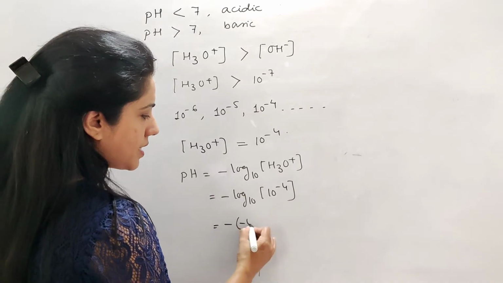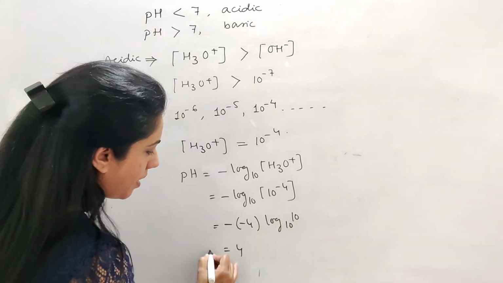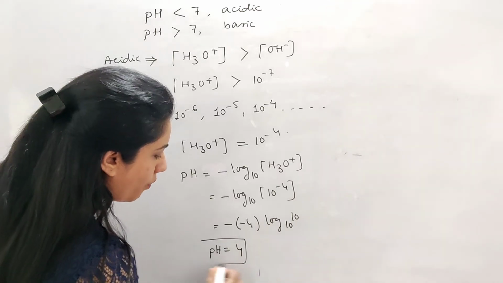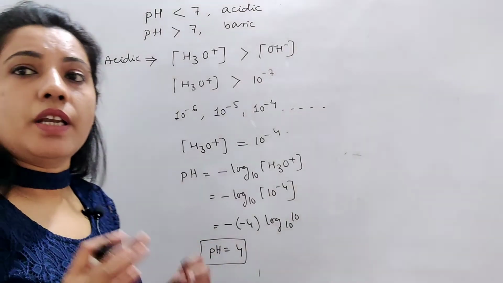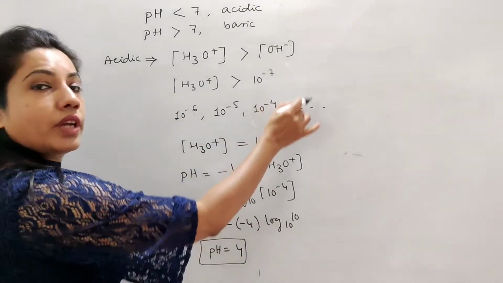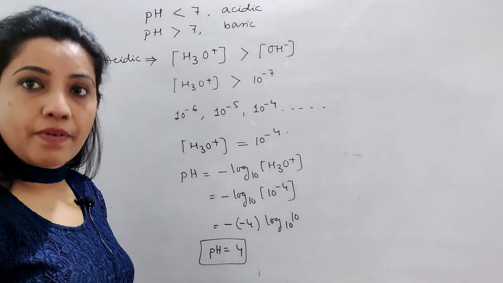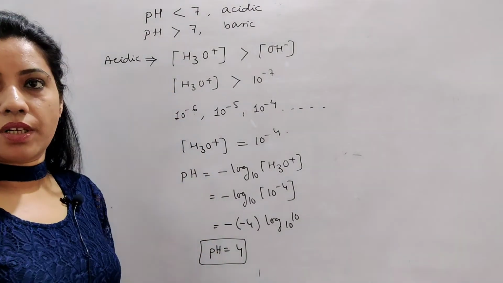Minus 4 you take it this side. So it is log 10 to the base 10. So it is coming pH is equal to 4. So that is how for an acidic solution pH will come 6, 5, 4, 3, 2, 1 and so on. That is the reason pH is always less than 7 for an acidic solution.